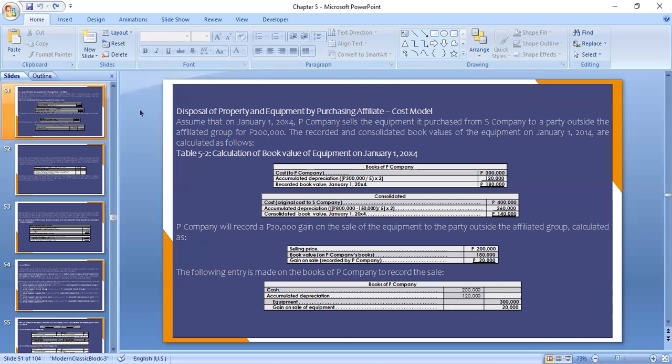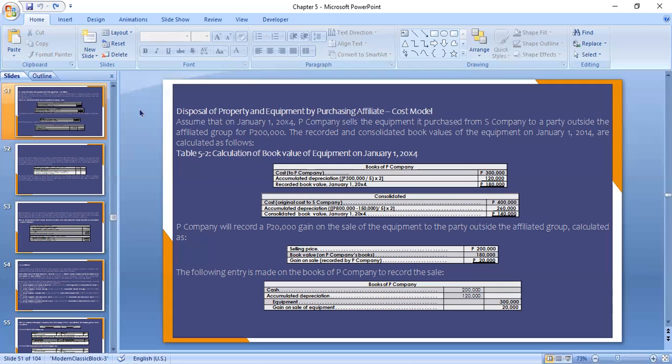So in the books of the parent, cost to P company 300,000, then we deduct accumulated depreciation for 2 years of 120,000.